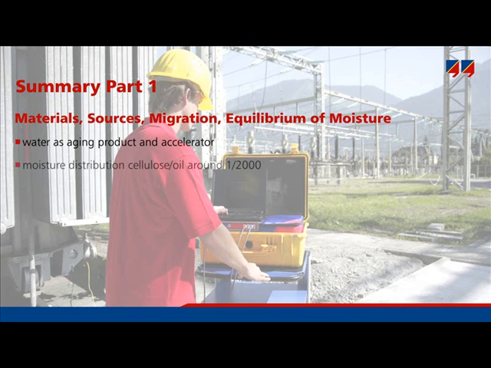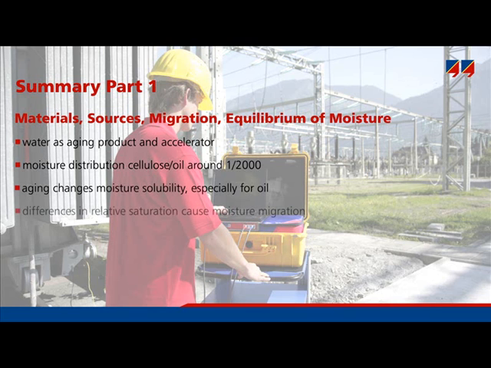Moisture distribution between cellulose and oil is typically 1 to 200. It would be 1 to 2,000 if they have the same volume, but 1 to 200 if the volumes are distributed in a way that is typical for transformers. A transformer has 10 times more oil inside than cellulose. The fact that aging changes the moisture solubility, especially for oil. How aged oil can take up much more water.